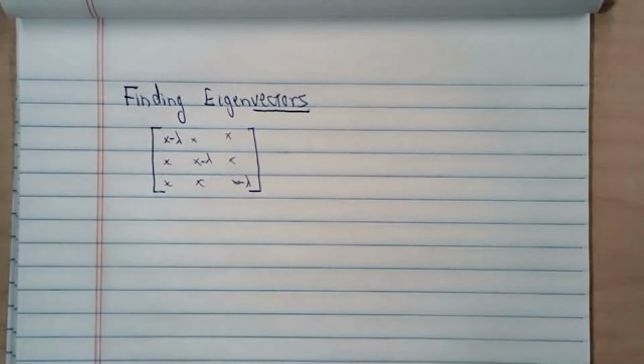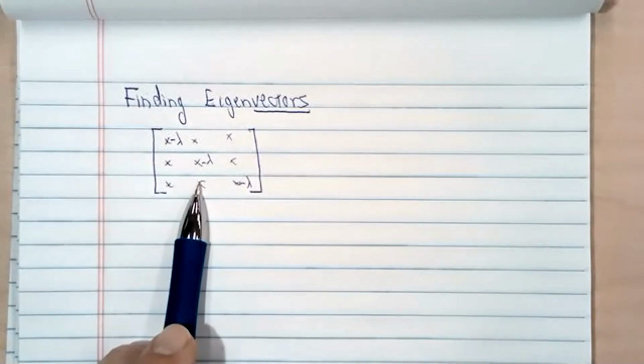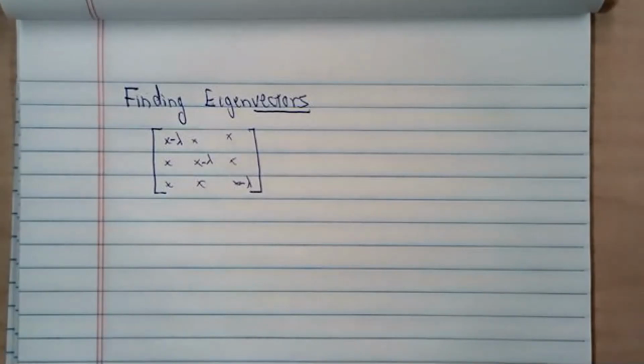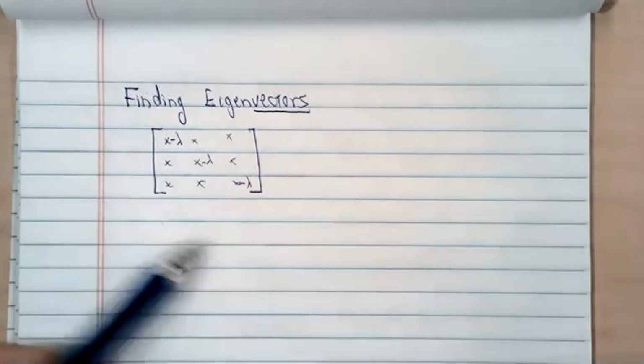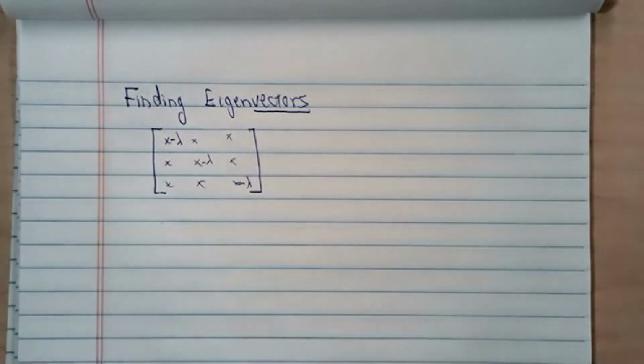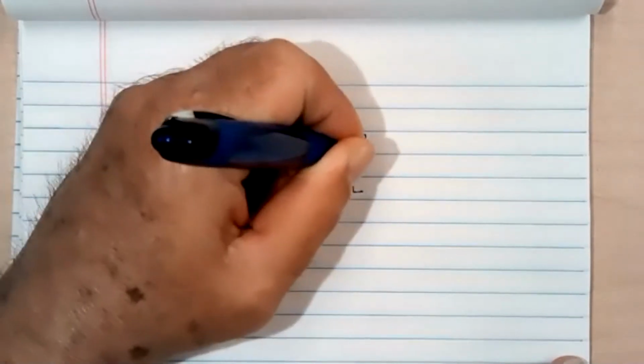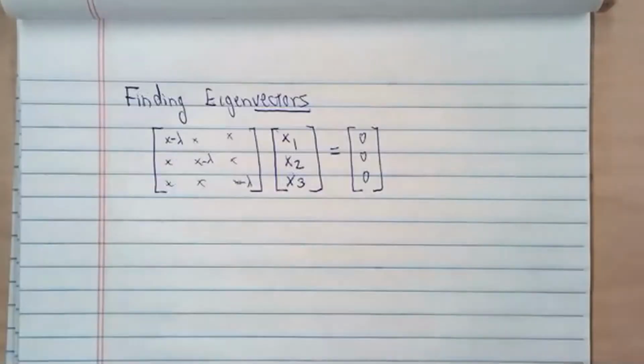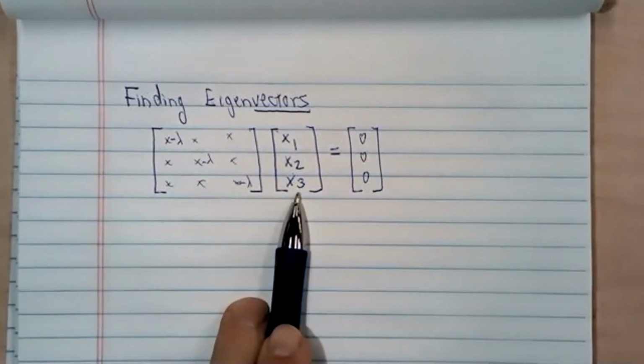What you are probably not going to do is what I was doing before: I stare at it for a while and, oh, I see the answer, so I write it down. Well, for a 3 by 3, but surely a 5 by 5, it's just too hard. So how do you figure out what the eigenvectors are? Well, this is actually a problem that you already know how to solve. You are trying to solve a homogeneous system of linear equations.